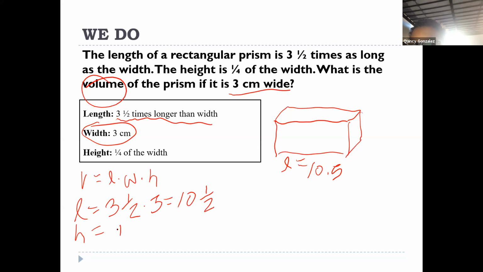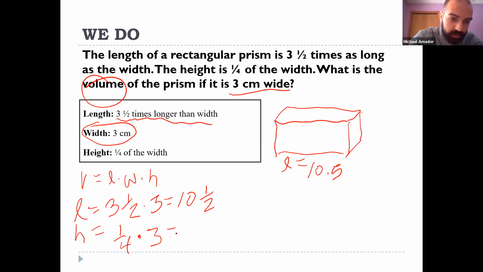Okay, and what is the width? 3 centimeters. And okay, so that should be equal to 3/4 if I'm right. Show me agree or disagree. Did I do my math right? So I think that this means that our height then is going to be 3/4. I'll put it here. And our width is then 3 centimeters.